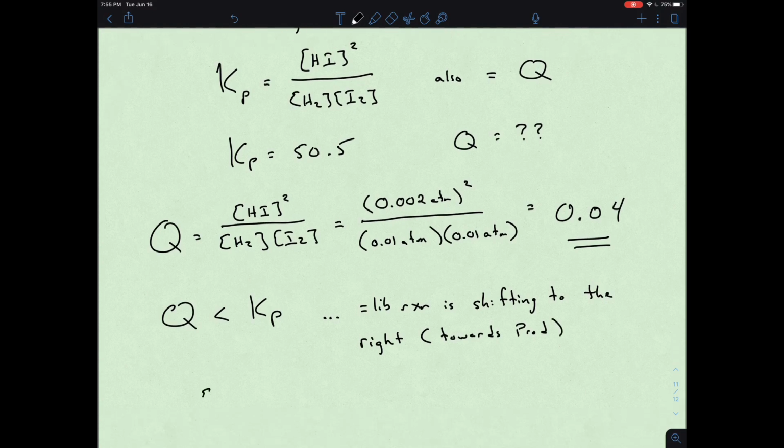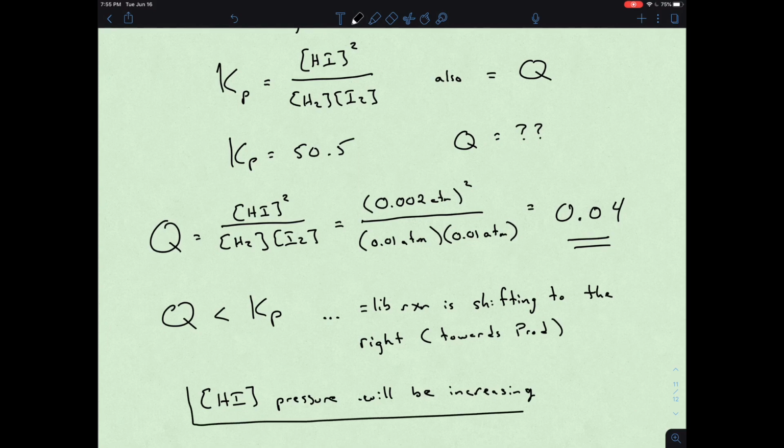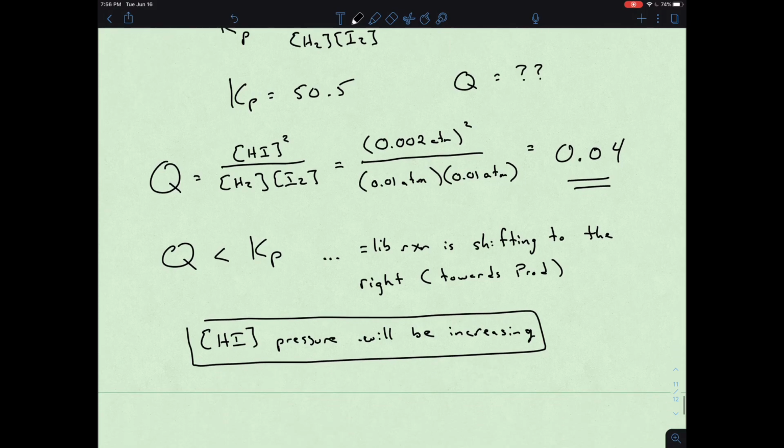So that means that our HI pressure will be increasing as a result. So that's the idea of comparing Q to K. You really just want to do the calculation. The equation is exactly the same. It's just a question of whether we're at equilibrium or if we're not at equilibrium.